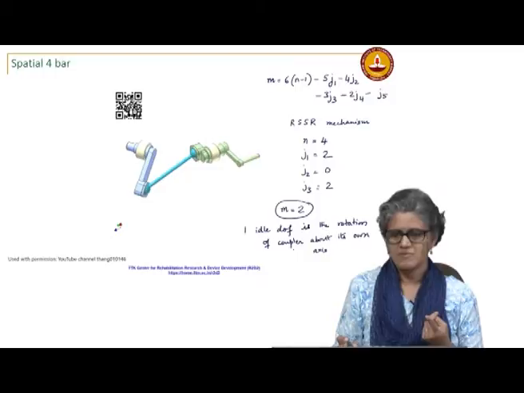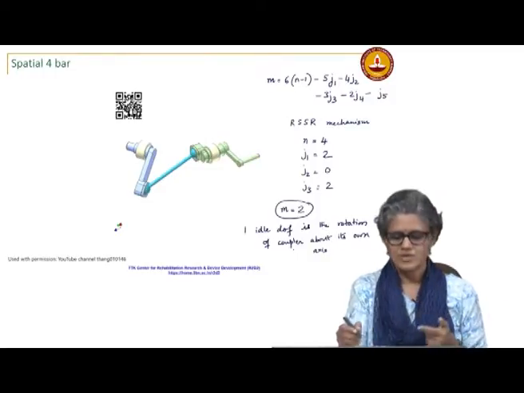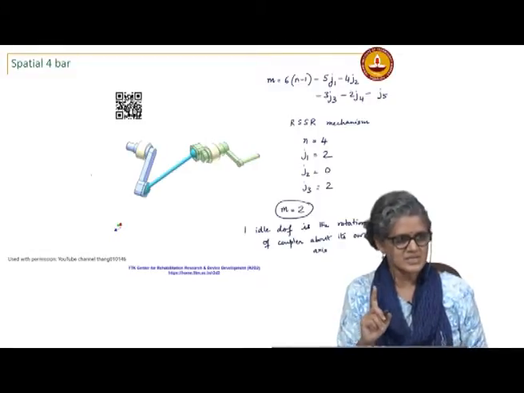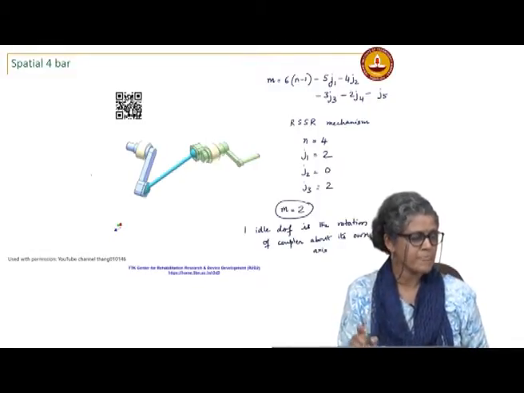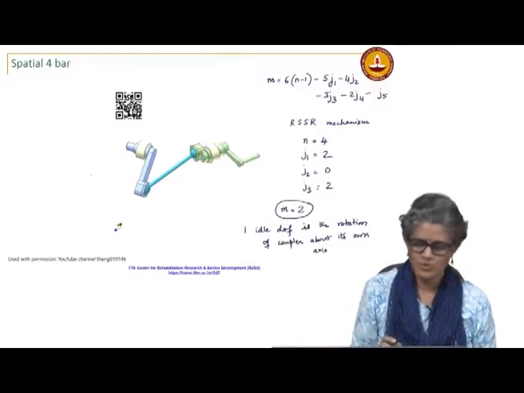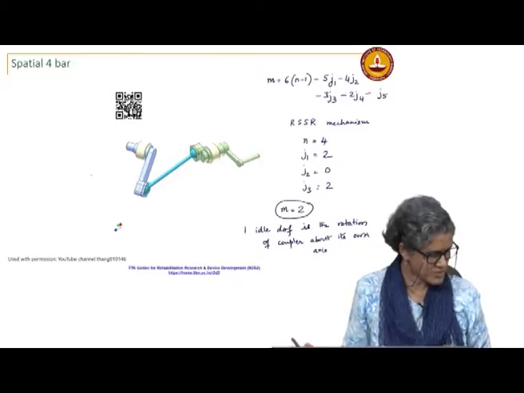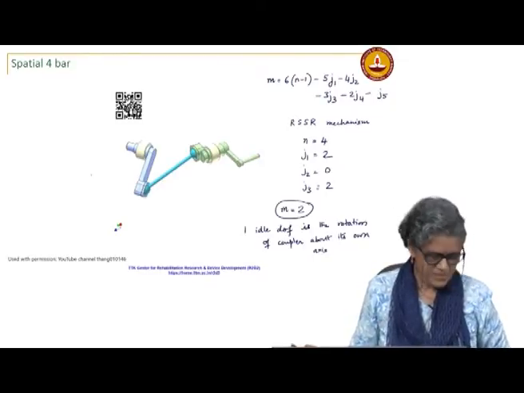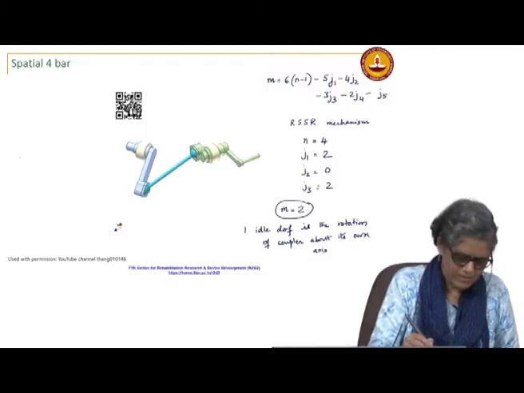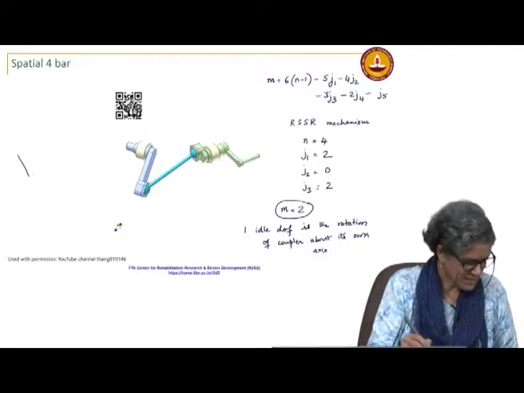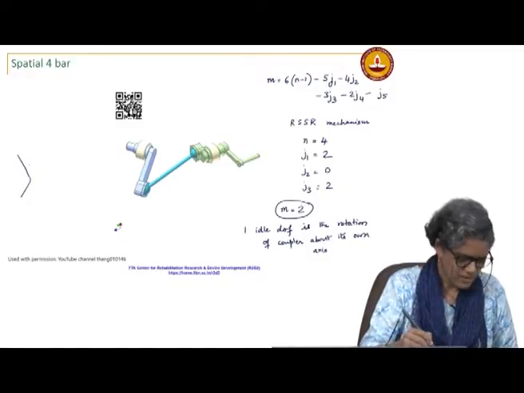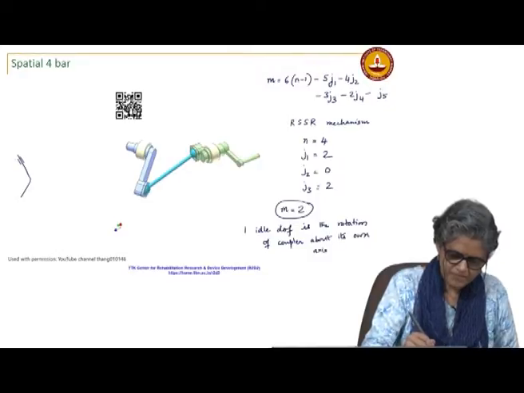Functionally, we are only concerned about this as input, this as output. So, functionally it is a mechanism of mobility 1 and it has an idle degree of freedom, which is the motion of the coupler about its own axis. Okay. So, if you had to draw the kinematic diagram, you would draw it something like this.